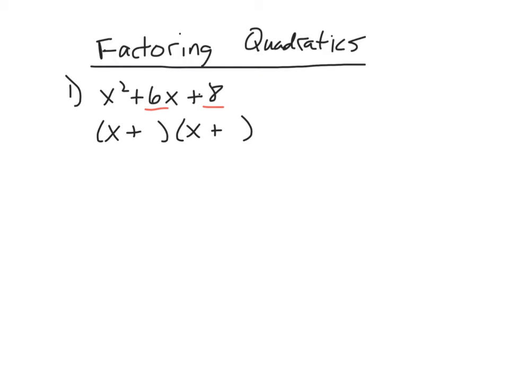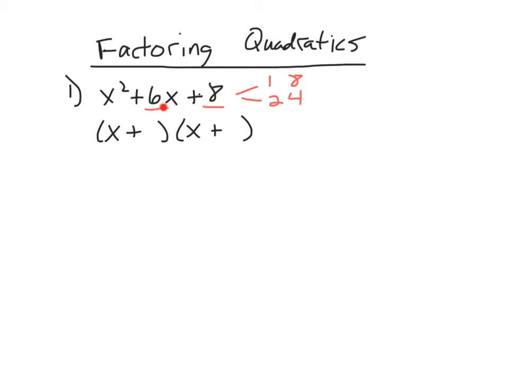All right, well, I can list those out easy enough. There's 1 and 8. There's 2 and 4. And that's pretty much it. Now, the real question is, how do I pick between these factors of 8?